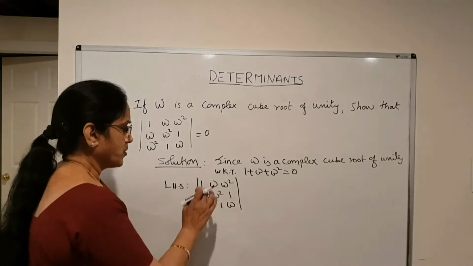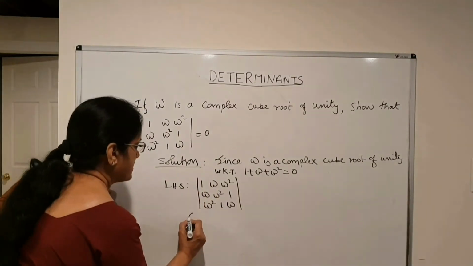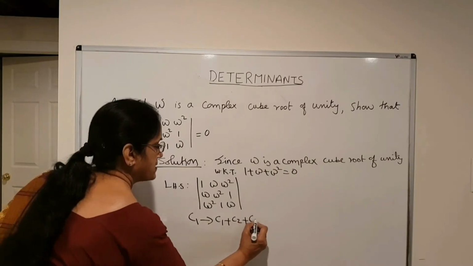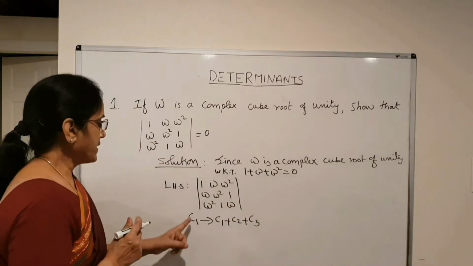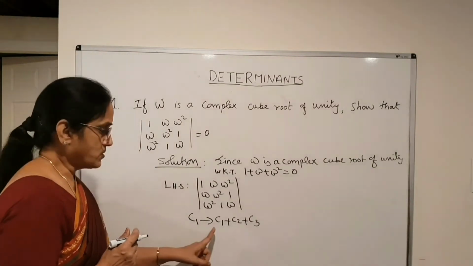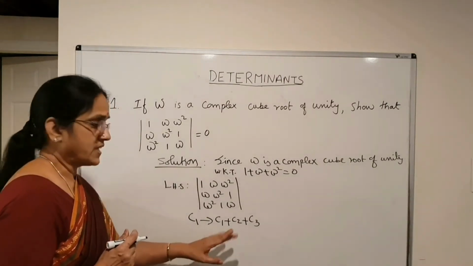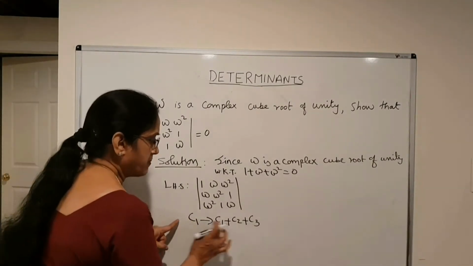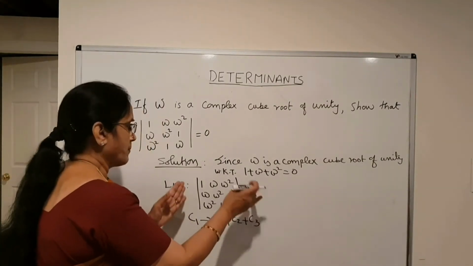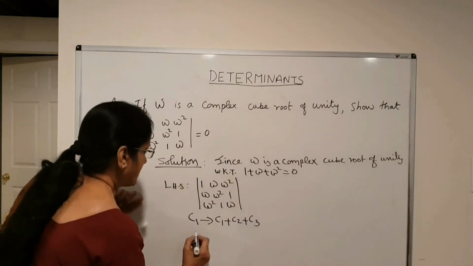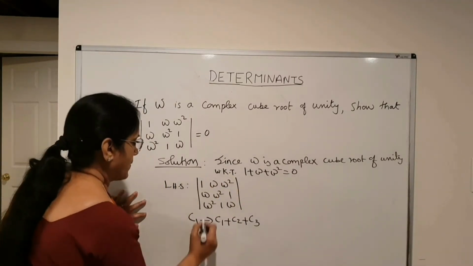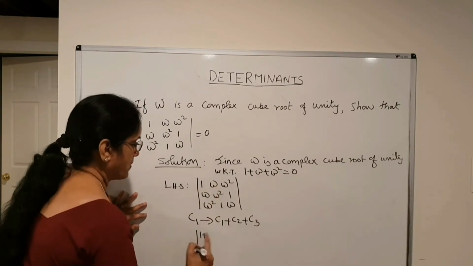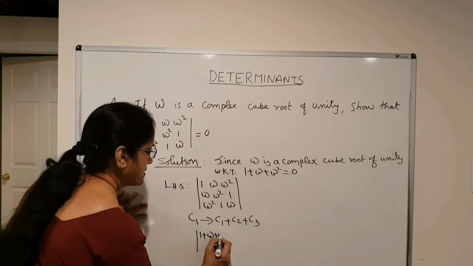So here what I am going to do is, I am going to write C1 as C1 plus C2 plus C3. So if I am making the change in C1, I should start with C1. So that also you should remember. Okay. Now, since I am going to make this operation, what will happen to this given determinant? That will become C1 plus C2 plus C3.